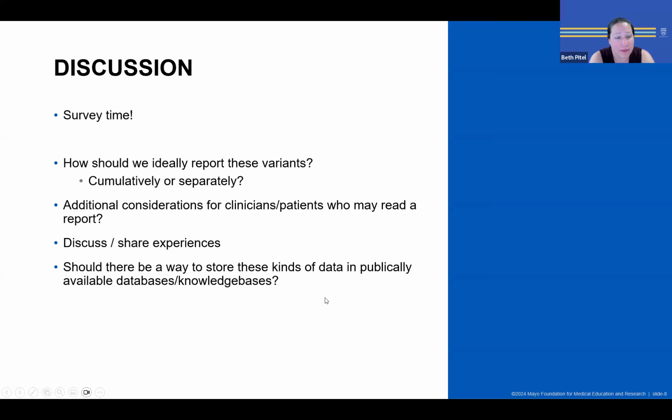I think my last question was about whether there should be a way to store this kind of data in publicly available databases or knowledge bases.